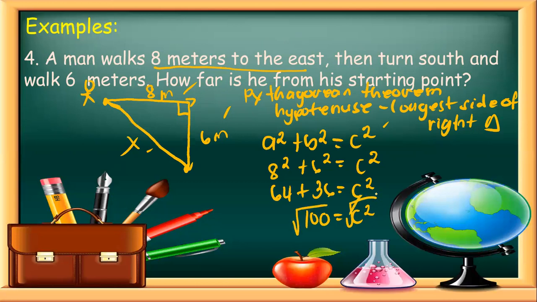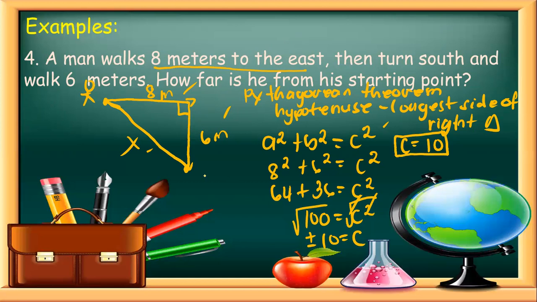So we can cancel the square root and the square. So that is c. Then get the square root of 100, that is positive and negative 10. Since we are talking about the distance, we are going to get the positive value of c, which is 10. c is equal to positive 10.